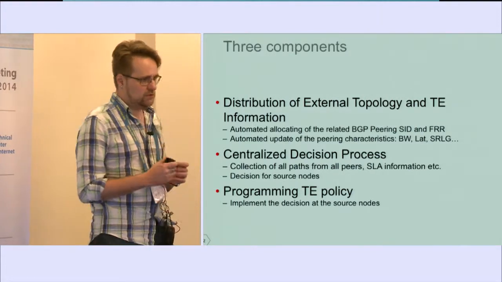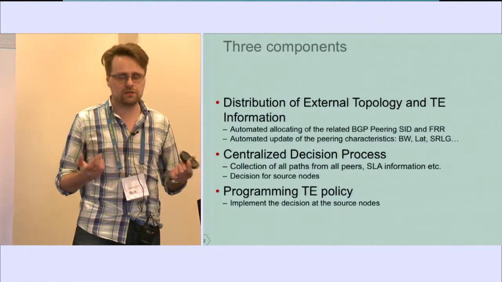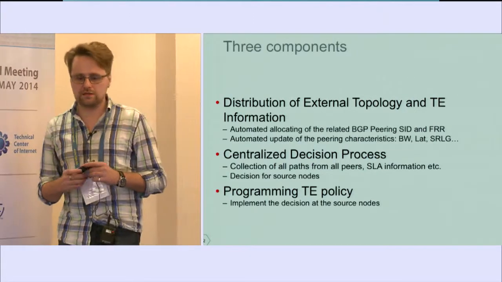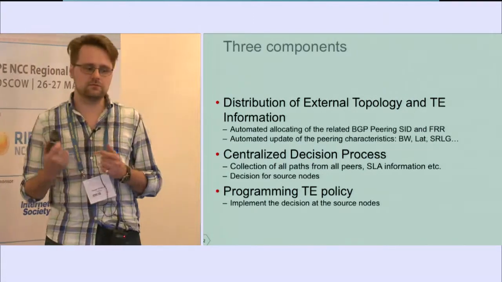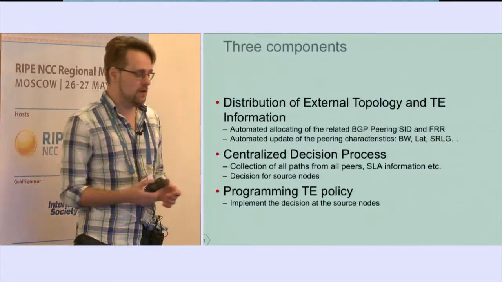So the SR header contains all these segments, the names of all these segments. When we use segment routing with MPLS, everything looks very nice. Our MPLS stack is the actual listing of all these segments.